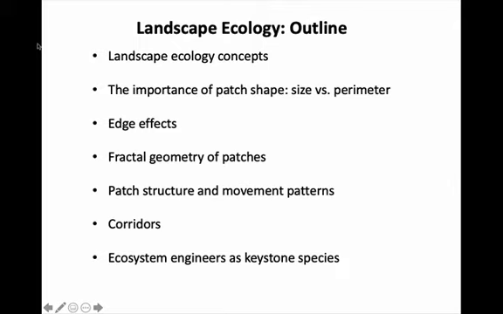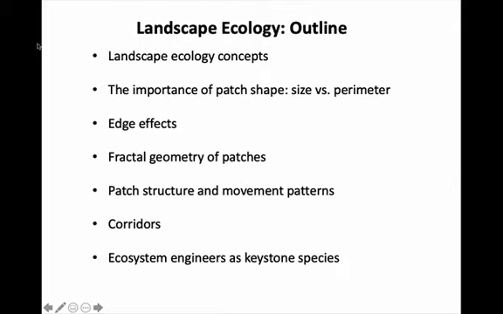We'll talk about the importance of patch shape, which we're going to focus on the size of the patch and area versus its perimeter, and show you some of the interesting problems that arise when you try to understand habitat area versus perimeter. We'll talk about edge effects and their importance, and we'll use one of the most advanced tools for measuring the shape of a patch, which is fractal geometry. This is also quite new.